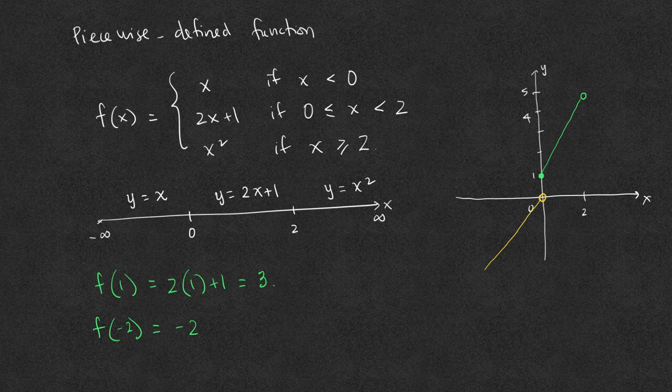And so 2 is included in the domain, and so we would use the filled-in circle. This is the graph that is part of the parabola, but only on the right-hand side of x equals 2. On the graph, we see that there are 3 pieces corresponding to 3 formulas for the piecewise defined function.